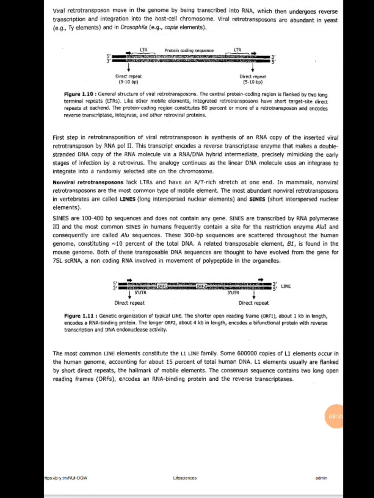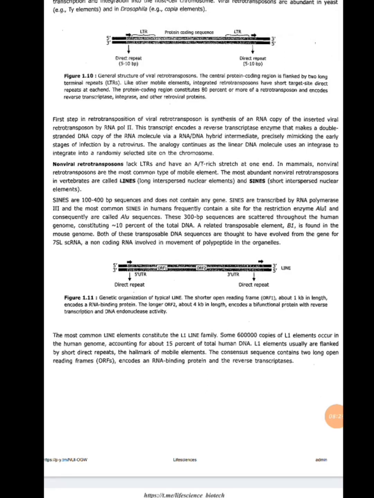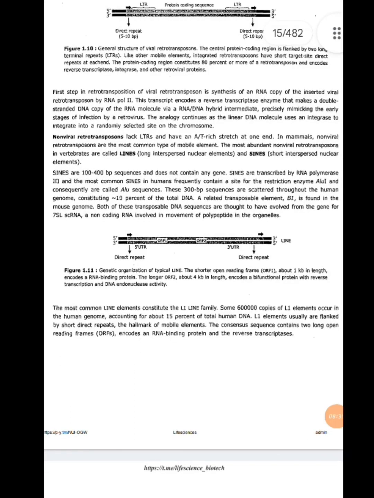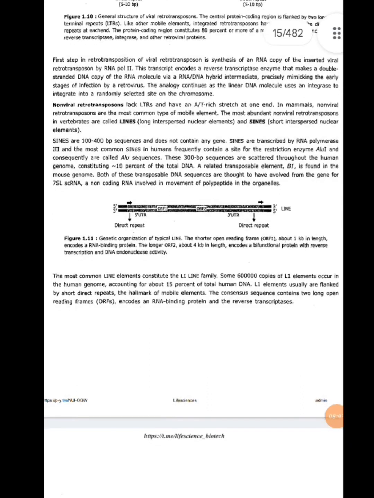Now this was viral retrotransposon. What about non-viral retrotransposon? Non-viral retrotransposons do not contain long terminal repeats, and they have an A-rich stretch at one end. In mammals, non-viral retrotransposons are the most common type of mobile element.